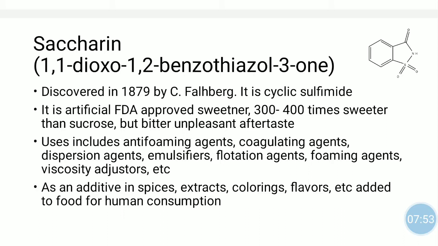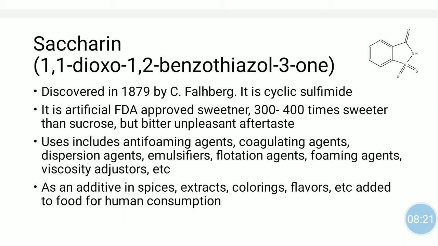I think there are a total of 5 sweeteners which have received a recommendation from the WHO. This is the information that I have got from web sources. It is an artificial FDA approved sweetener which is 300 to 400 times sweeter than sucrose, but it imparts an unpleasant bitter aftertaste.